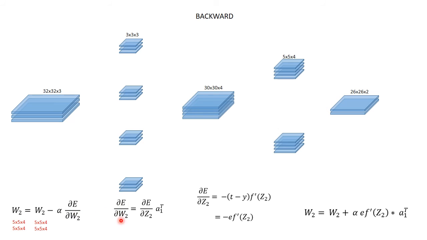And this term comes from the multiplication of a 30 by 30 by 4 array with this term, which in turn comes from the multiplication of two arrays of 26 by 26 by 2 each, which produces as a result another 26 by 26 by 2 array. So that is the size of this array here, and this convolution yields two arrays of size 5 by 5 by 4, just as we were looking for. So this equation makes all sense now.